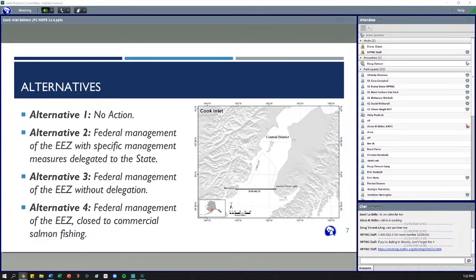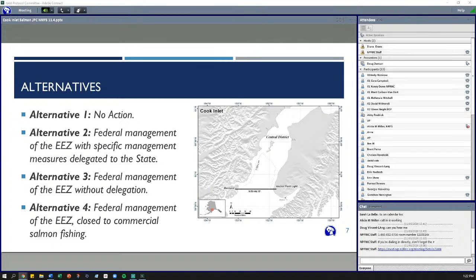Alternative 3 would also assume federal management of the Cook Inlet EEZ, however, without any delegation of management authority to the state of Alaska. So under this alternative, commercial fishing in the Cook Inlet EEZ would continue to occur, but it would be managed directly by National Marine Fisheries Service and the council.